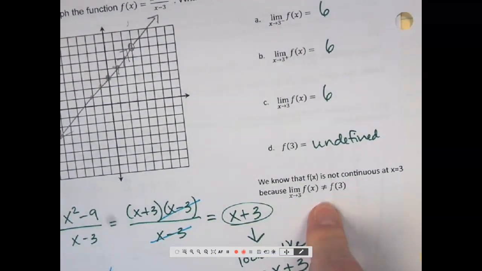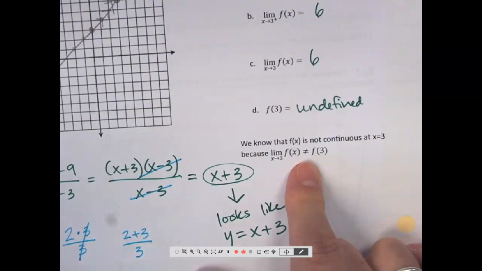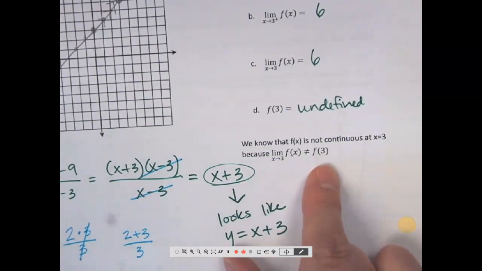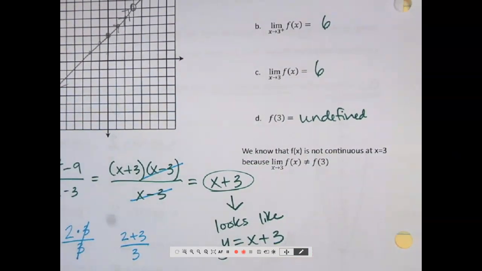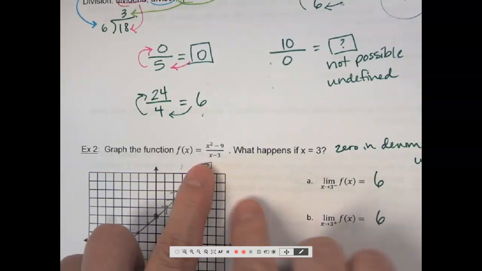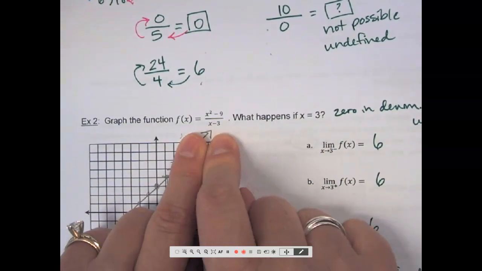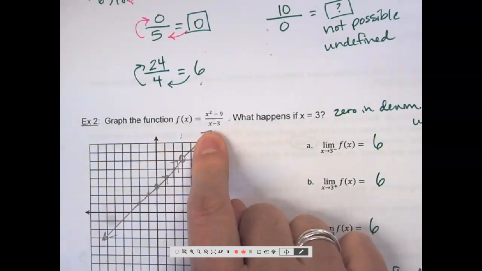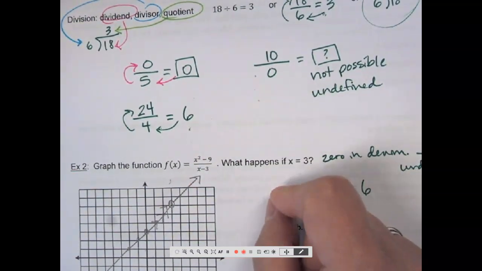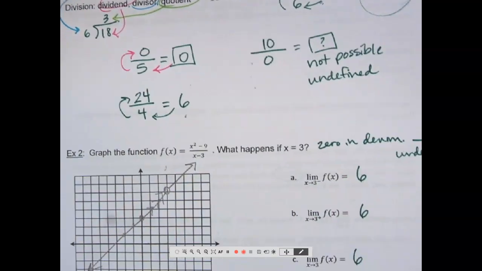But this is mathematically the reason why we know it's not continuous, because the limit and f of 3 are not the same. So that means we're not going through that number that the limit represents. Any questions? What's the hole there? Because, go back to your original function, I can't use x equals 3 because it gives me 0 in the denominator, which is undefined. Okay. Any other questions?